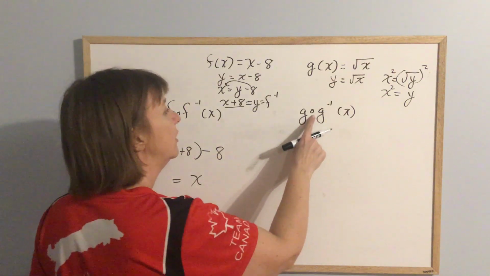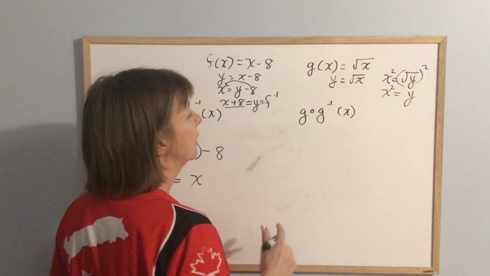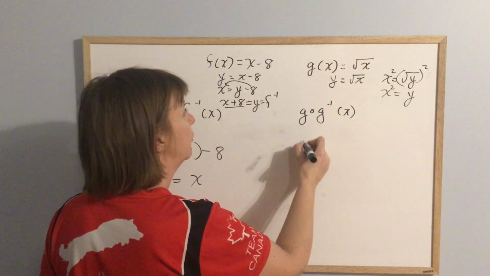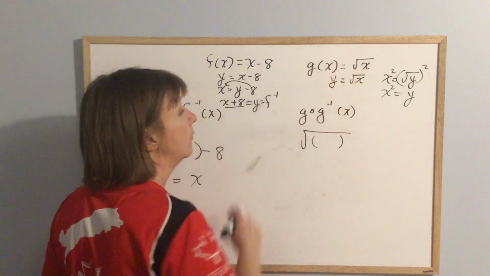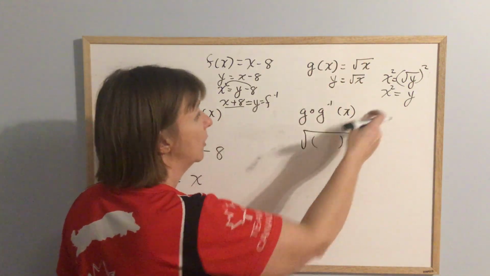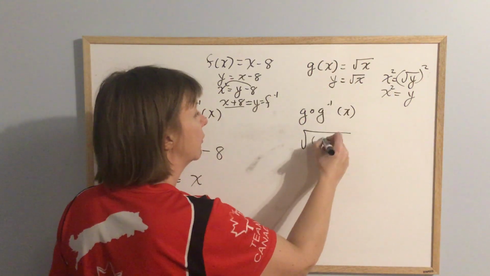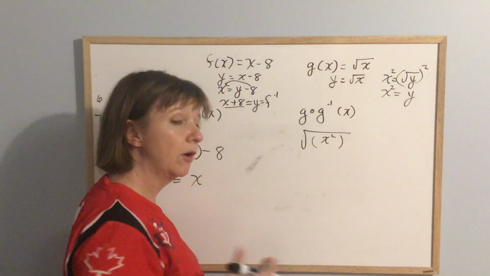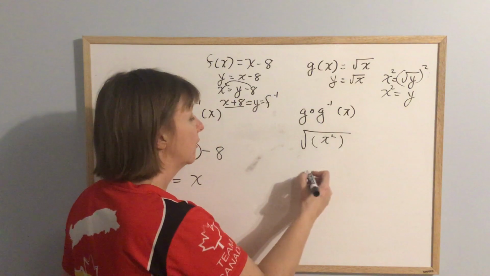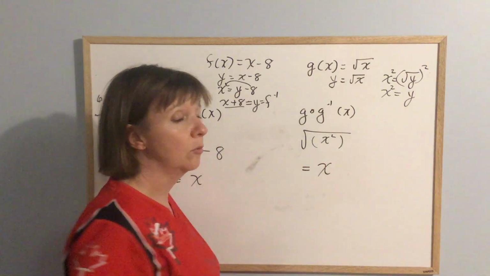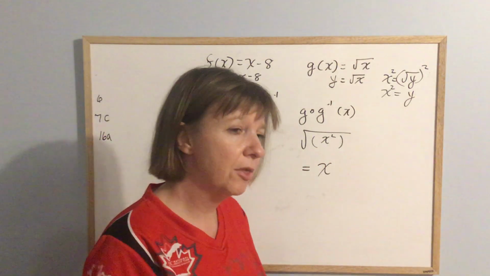So g of the inverse of g would be, I'd take my g equation, which is the square root of some variable, and the variable I'm going to insert is the inverse, which is x squared. And if I take the square root of something squared, the square root and the squared basically just cancel one another out, and I get x. So that's what I would have.